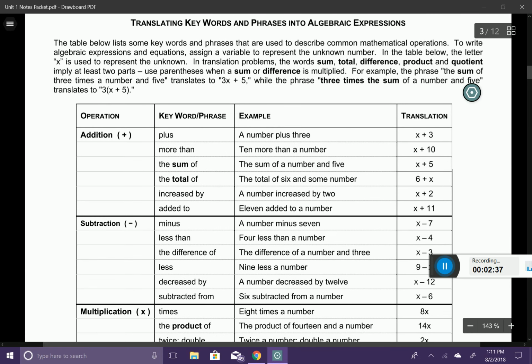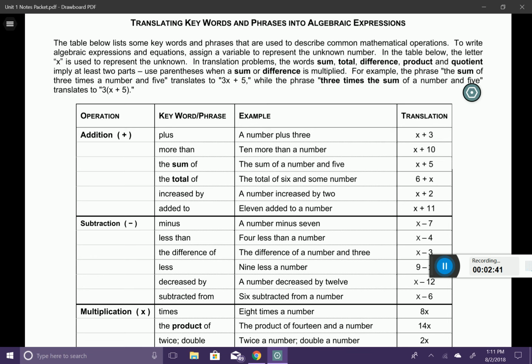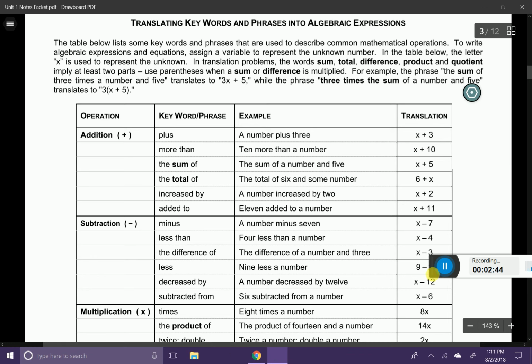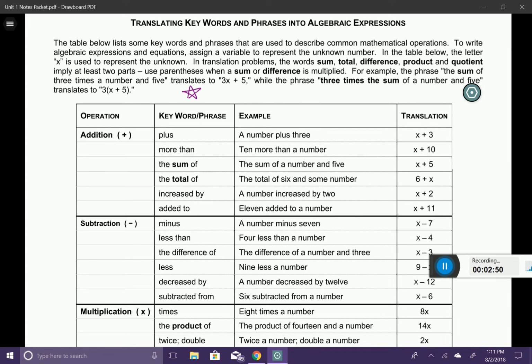And these are just translating keywords and phrases into algebraic expression tips for you. And you can see in this second column here, I have a lot of different words that are most commonly used to translate these words from algebraic to verbal or verbal to algebraic.